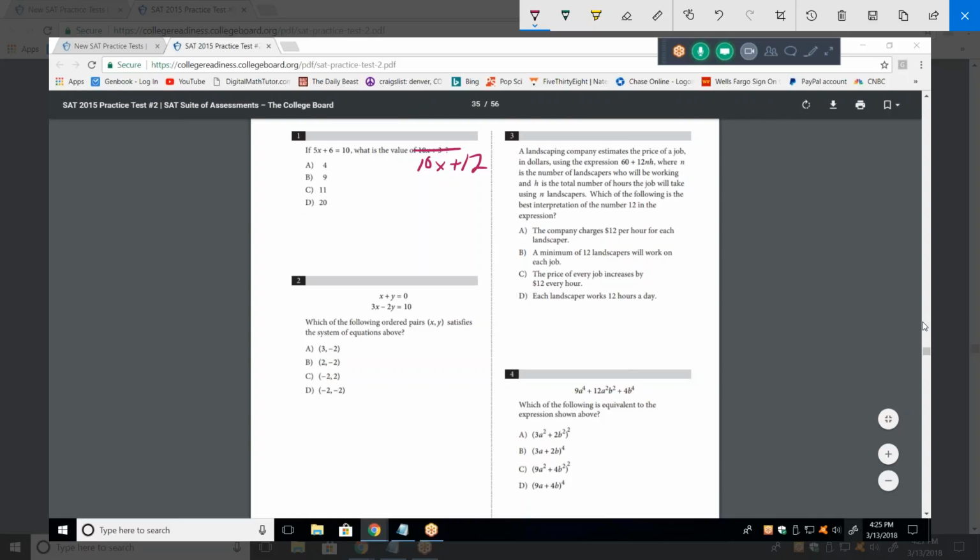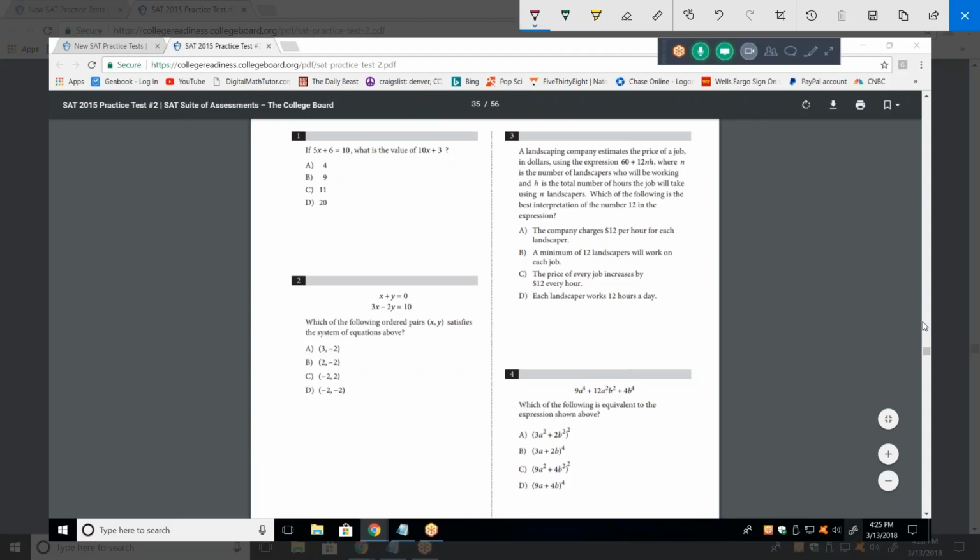I can look immediately and see that 10x plus 12 is exactly 2 times that, correct? So, it has to be 2 times that. So, if they would have asked what is 10x plus 12, I could have immediately said 20 without doing any math.